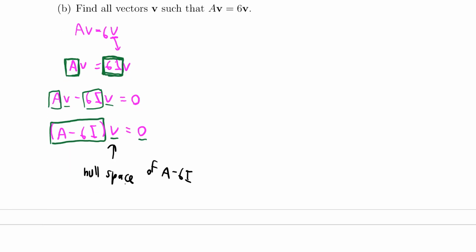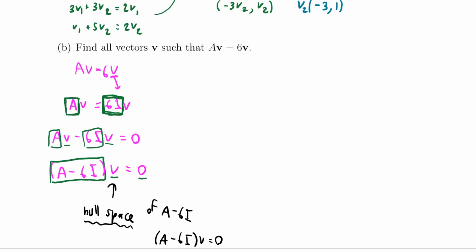Remember, the null space of whatever matrix is just those vectors that when I multiply them by the matrix, I get the 0 vector. So this thing is the same as this thing. So this is essentially just what we need to solve.